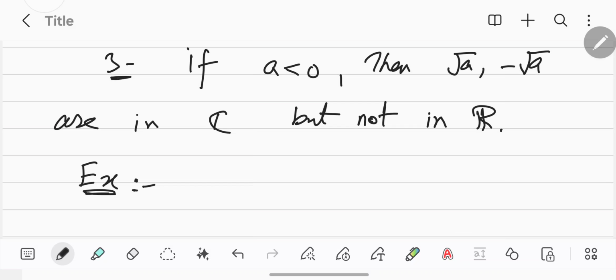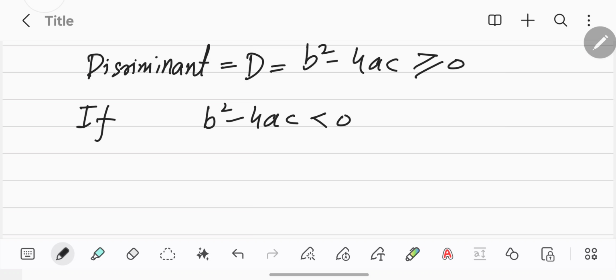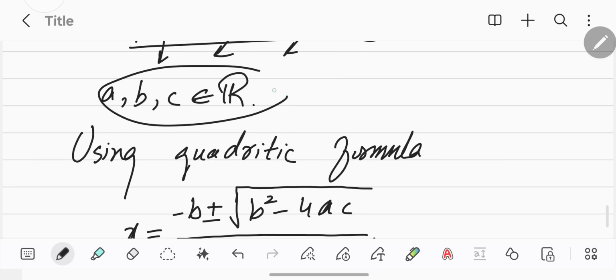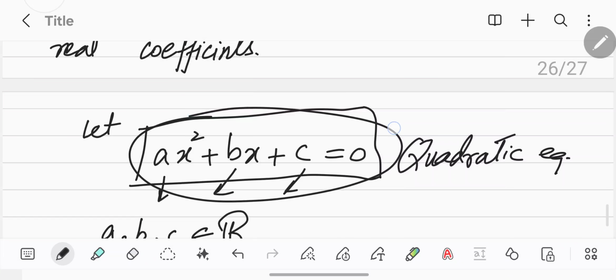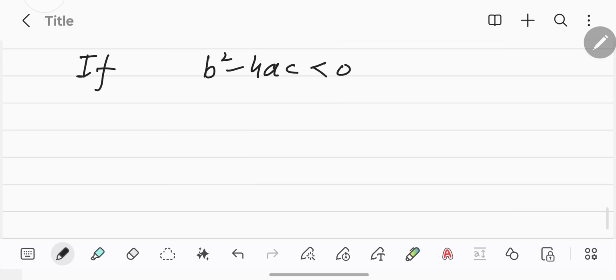So that means we are going to land in C, in the set of complex numbers. So in other words, this equation has no real solutions. The quadratic equation has no real solution but has complex solutions.